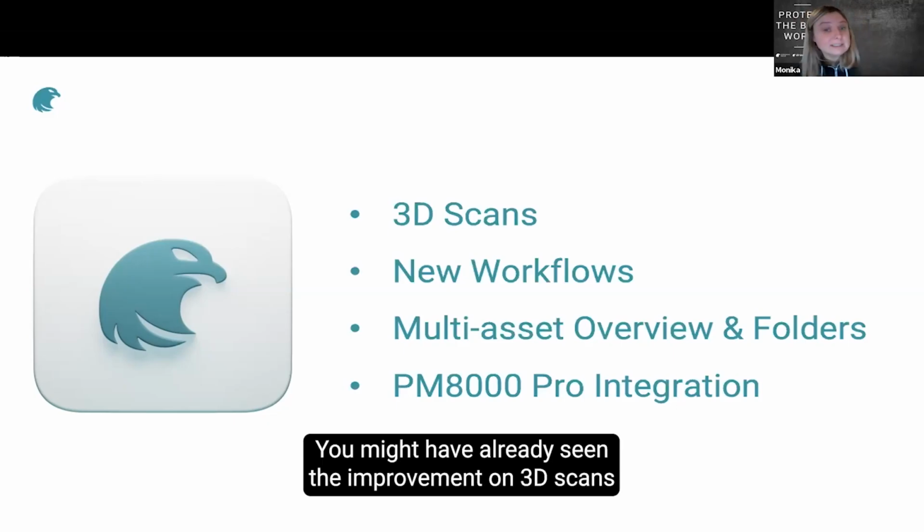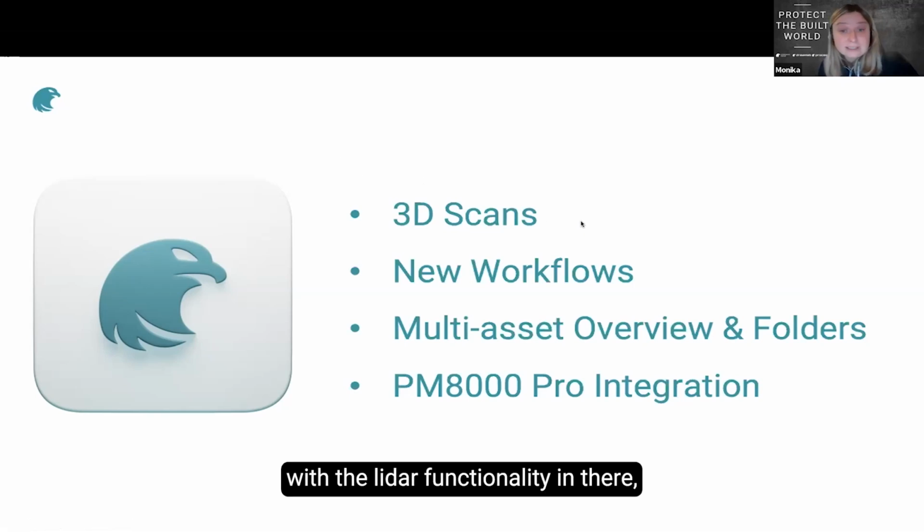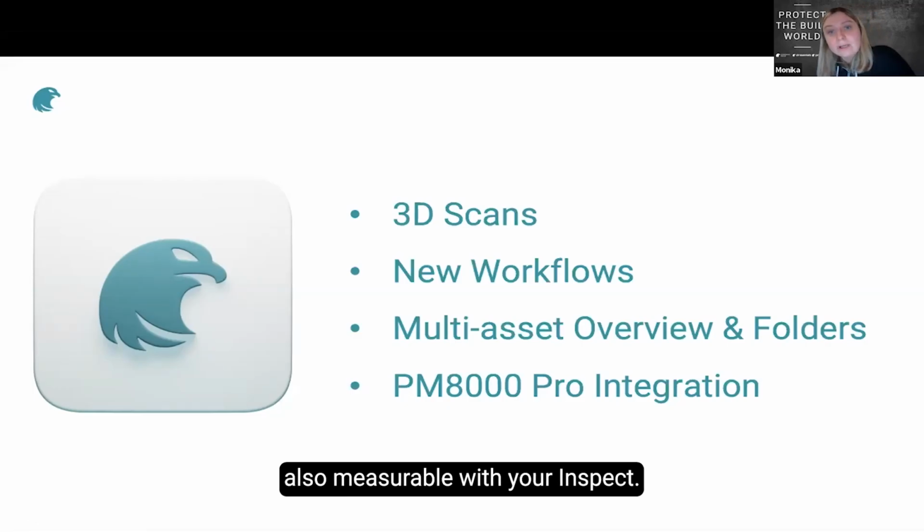You might have already seen the improvement on 3D scans done with Inspect. All you need is a new iPad with the LiDAR functionality, and you can create realistic 3D models, which are also measurable with your Inspect.